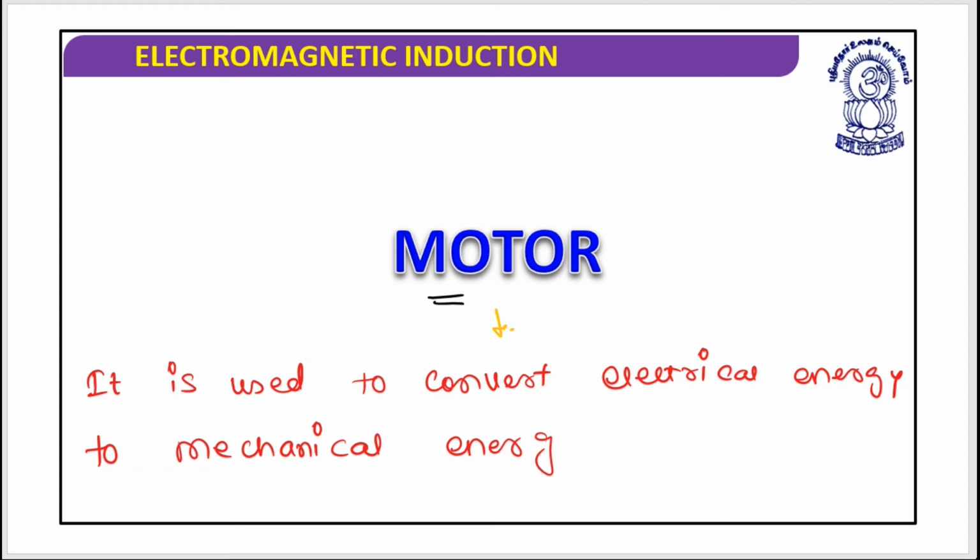This is the basic principle behind any motor, which you have even studied in class 10, that a motor will convert electrical energy to mechanical energy, while we have already seen the generator, which is used to convert mechanical energy to electrical energy. So both are units that do vice versa kind of thing.